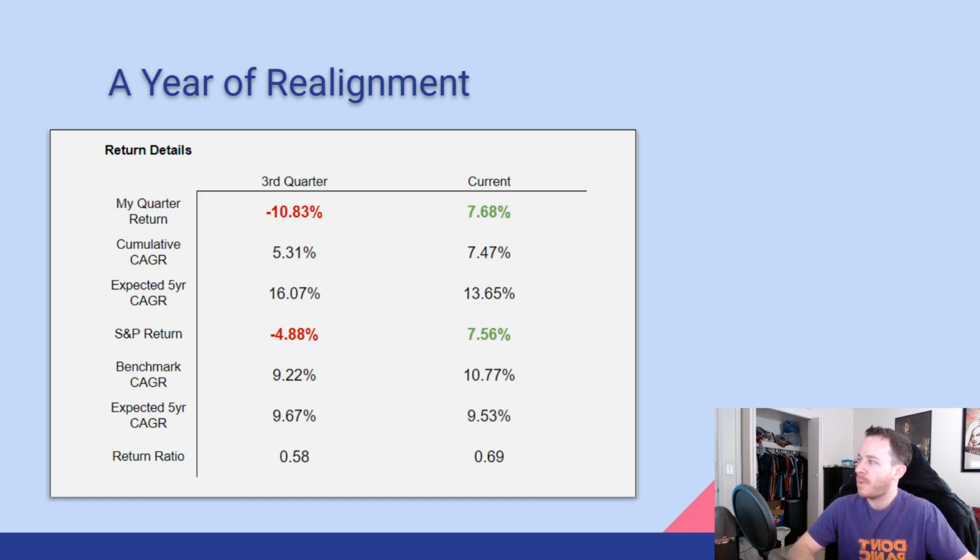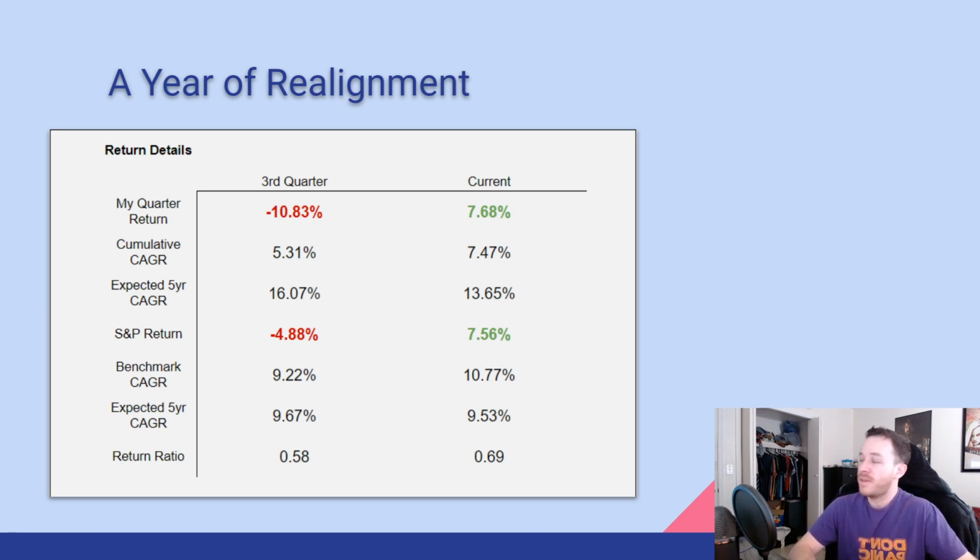Like I said, I'm happy considering the amount of mistakes that I made this year. I'm actually pretty happy that I managed to at least stay in line with the S&P 500, is basically the perspective I'm taking away from it. But overall, my cumulative CAGR since starting investing, which is a time-weighted CAGR taking all cash inflows into account, is about 7.5% or so per year.